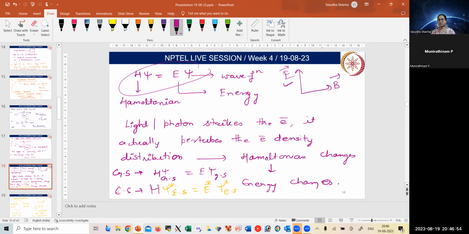H is nothing but the Hamiltonian operator, which, when applied on a wave function, tells you about the probability of electron density in a particular orbital. So when the Hamiltonian changes, when there is a perturbation because of the interaction of the light, the energy value changes. So it goes from the ground state to the excited state. So this is what we have given over here.